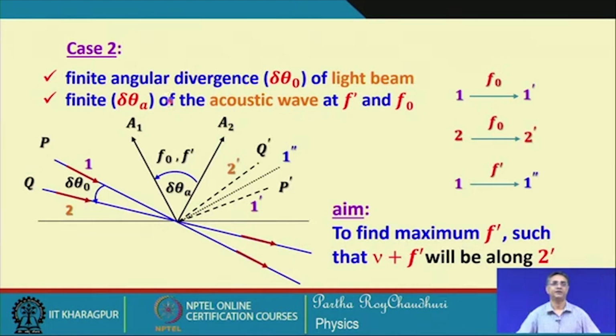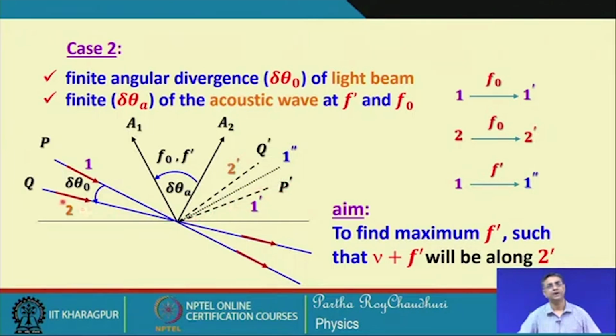Now, we modify the situation: finite angular divergence of delta theta, that is, now this optical beam has a finite angular divergence, and the acoustic beam contains f dash and f 0, these two frequencies, and it has an angular width of delta theta a. Now, if you consider this one optical beam, corresponding to this direction, then this will give you a diffracted beam 1 dash along this p dash.